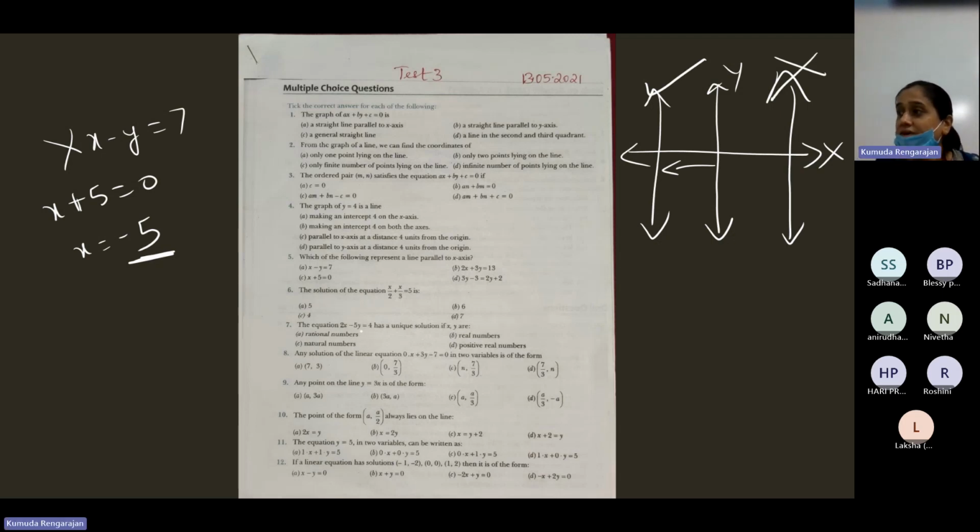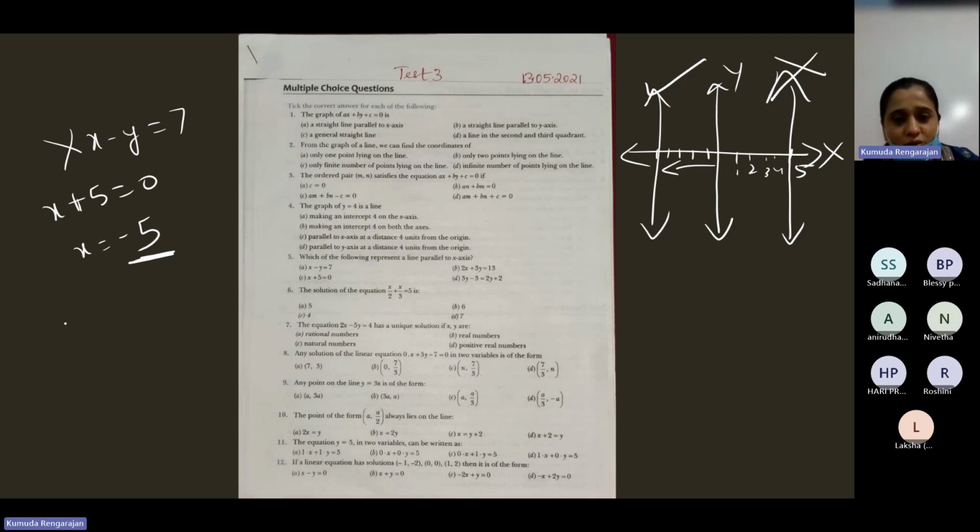This is x is equal to plus 5. X is equal to plus 5 means this side. Here only, x will be plus 5. 1, 2, 3, 4, 5. This is minus 5. All right. So if it is x is equal to minus 5, it will be parallel to the y-axis, not the x-axis. So that is not right.